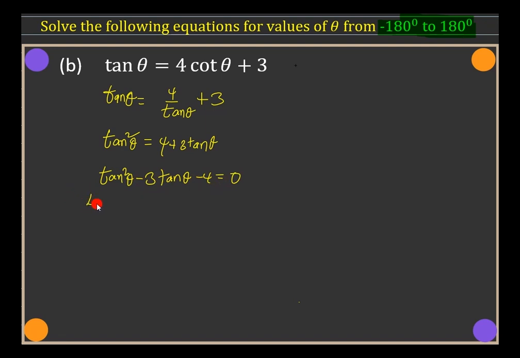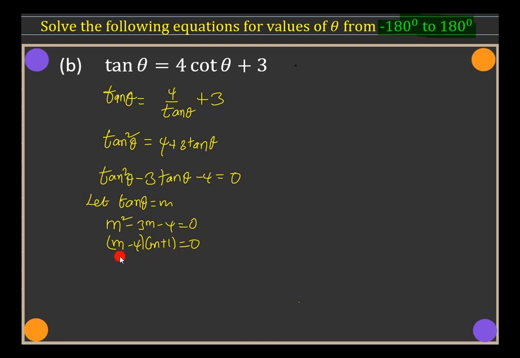We shall let tan theta be equal to m, so that we have now m squared minus 3m minus 4 is equal to 0. This one factorizes to m minus 4 times m plus 1.